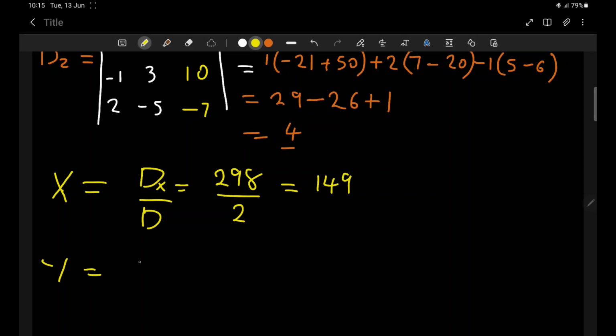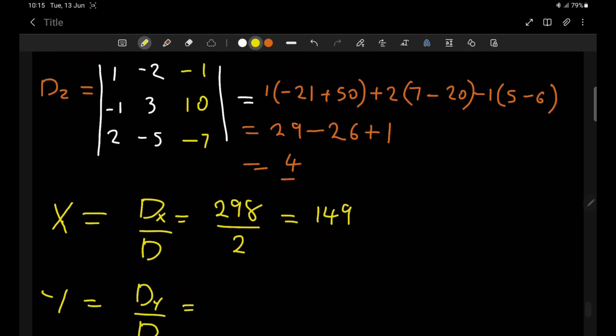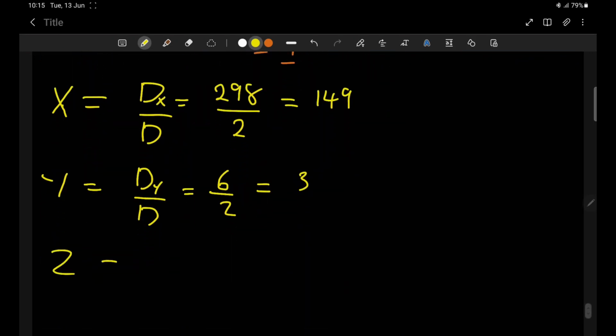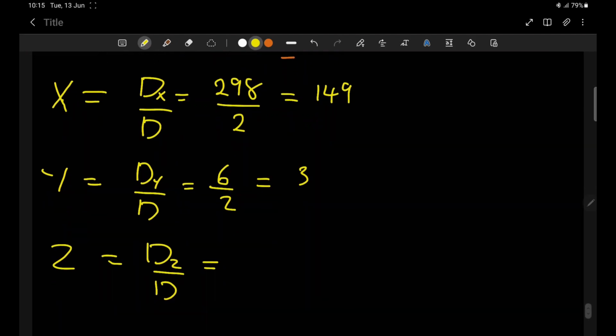Then our y, d of y over d, our d of y gave us 6. So we'll have 6 over 2, which will be 3. And finally our z, d of z over d, our d of z is 4 over 2, that's giving us 2.